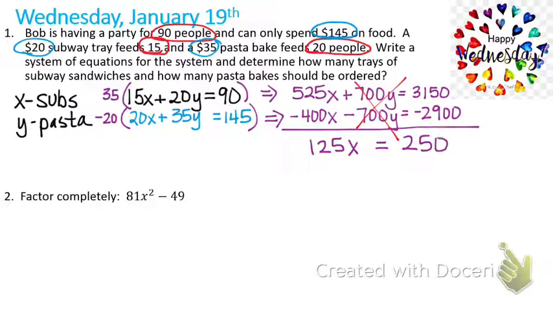So what's my last step to solve for x? Not add them together. Divide by what? All right, so let's divide that by 125. And this tells you that x equals 2.